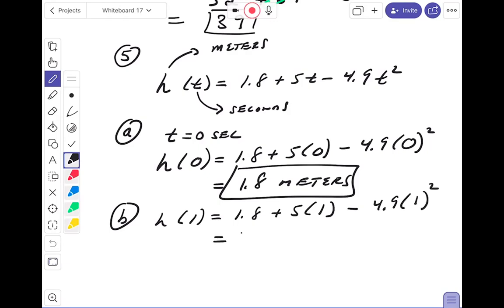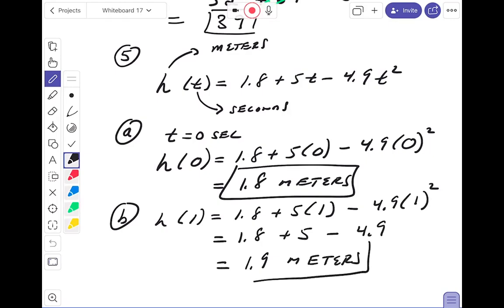Let's do the arithmetic. 1.8 plus 5 minus 4.9. Looking at it, it really doesn't look bad. And adding it all together looks like 1.9. 1.9 what? Meters. Again, if you're struggling with arithmetic, you're allowed to use calculators. This seems reasonable because 1 second later, it's got to be up, right? You're throwing the object up in the air.